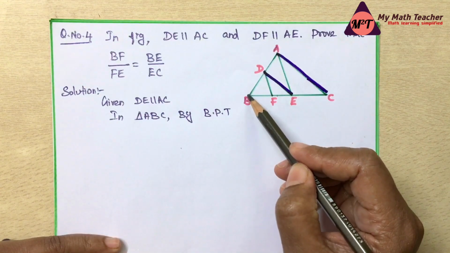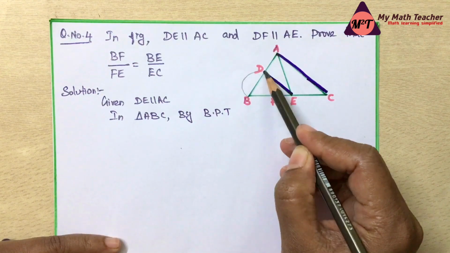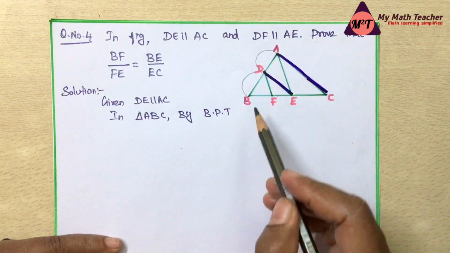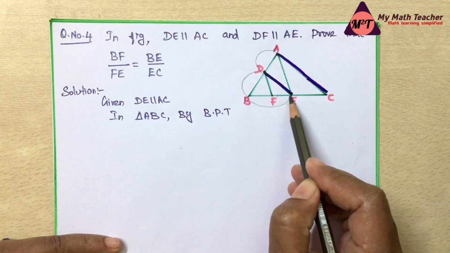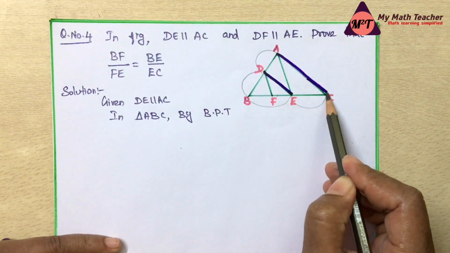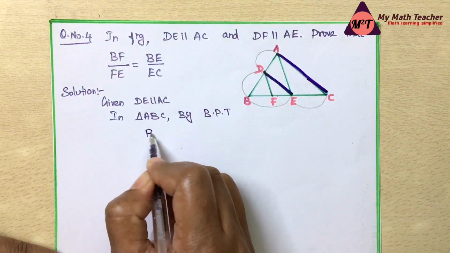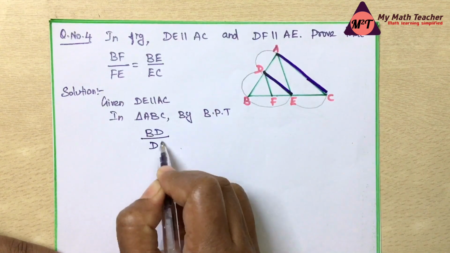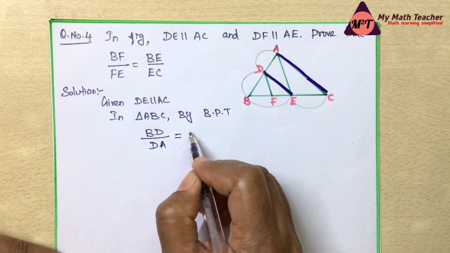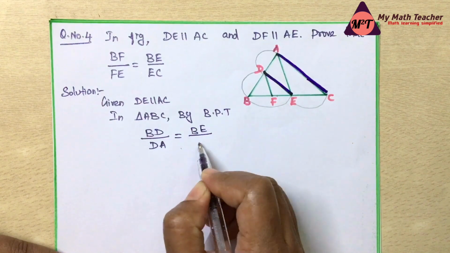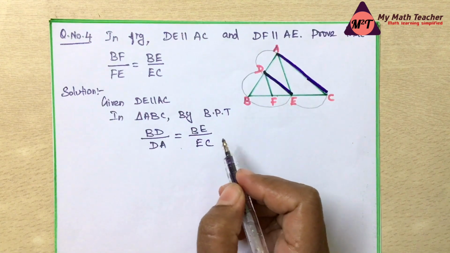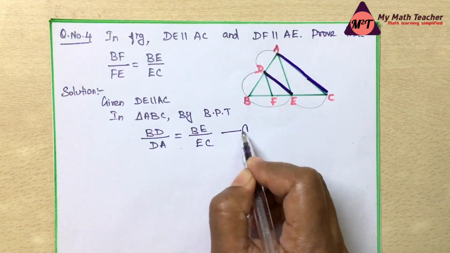By the basic proportionality theorem, we can write BD divided by DA is equal to BE divided by AC. Let us consider this as equation number 1.